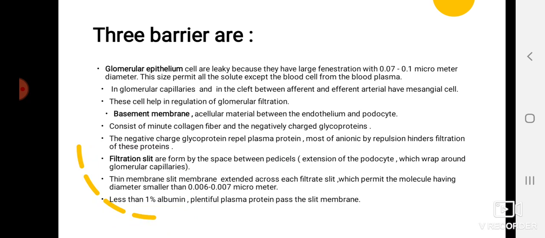In the glomerular capillaries, the cleft between the afferent and efferent arteriole has mesangial cells. These cells help in the regulation of glomerular filtration. How do these cells help in the regulation?